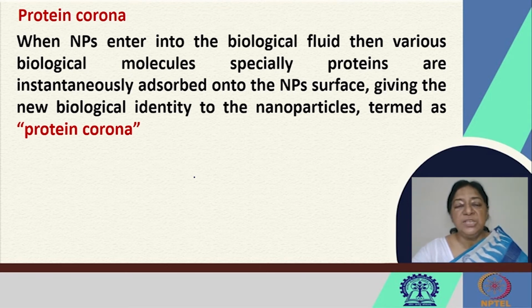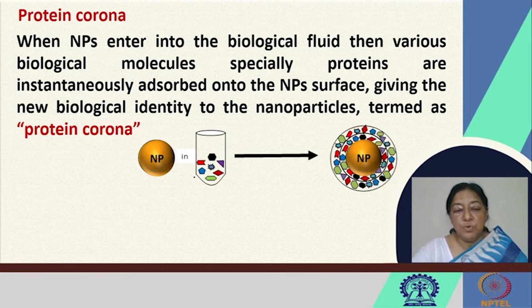So on the first interaction, when a nanoparticle enters a biological fluid, these proteins adsorb on the surface of the nanoparticle, and this is termed the protein corona. So we have a protein corona that has the nanoparticle and several proteins that can interact with the nanoparticles.